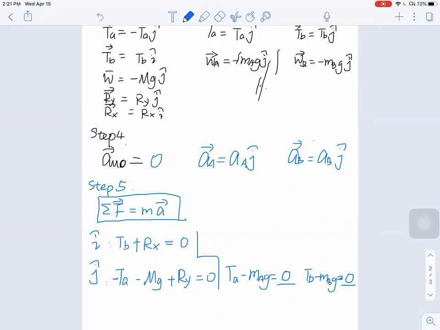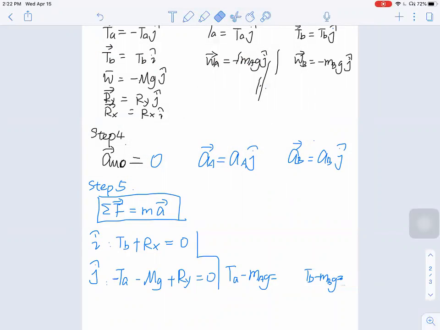No. And then how should I correct this? It should be TA minus MAG. It should be M times the acceleration in the J. Yes, so that's correct.